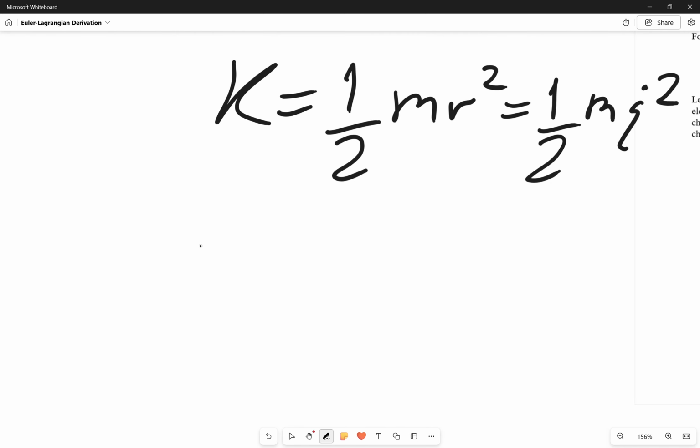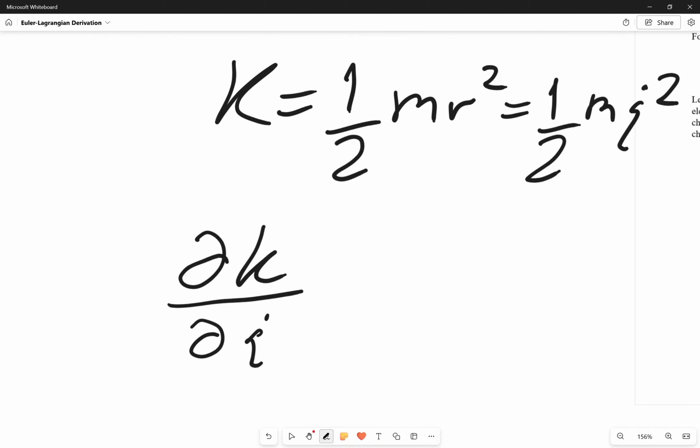Now, we can consider taking the partial derivative. Instead of the Lagrangian, we'll take the partial derivative of the kinetic energy, and I'll do it with respect to q dot.